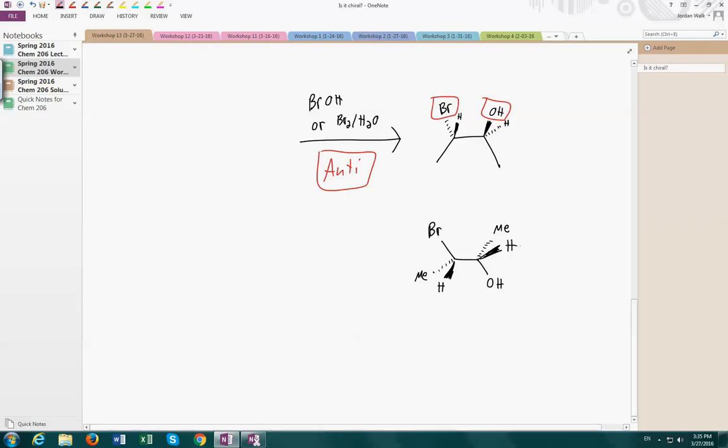Okay, so to figure out what starting material would be able to give us this product, have we oriented the two things we've added anti? Yeah, we have. And so all we want to do now is, maybe the easiest thing to do is to just pluck off the bromine and just pluck off the hydroxyl group, okay? And so think about the double bond that would lead to that. All right, so we've got our methyl on a wedge there, on a dash, and we've got our methyl on a dash there.